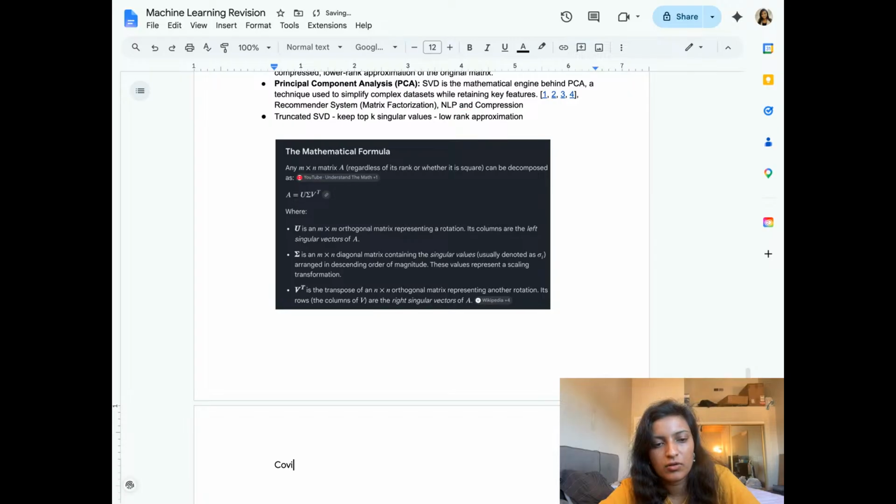There is another concept called covariance matrix.